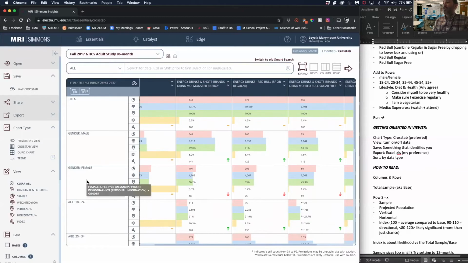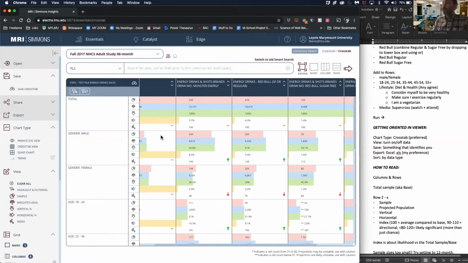The horizontal row, let's look at it. The horizontal row we read this way. Among females, 3.3% of females drink Monster Energy. Let's look at it this way too.